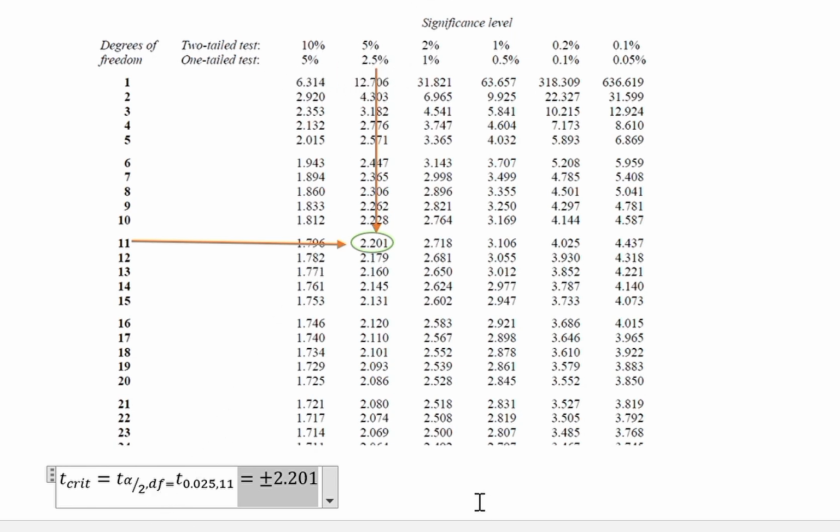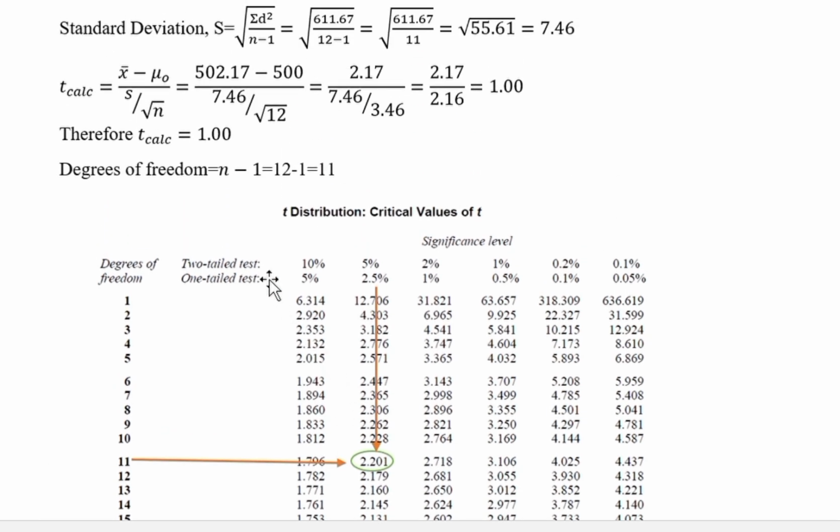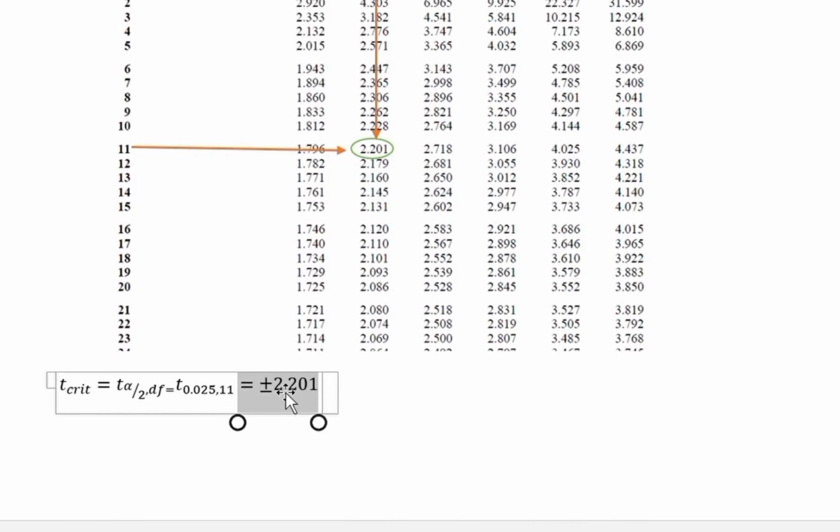So now to make the decision, compare the critical value, which is 2.201, versus the calculated value, which is 1.00. You realize clearly the calculated value is less than the table value, which we call the critical value.